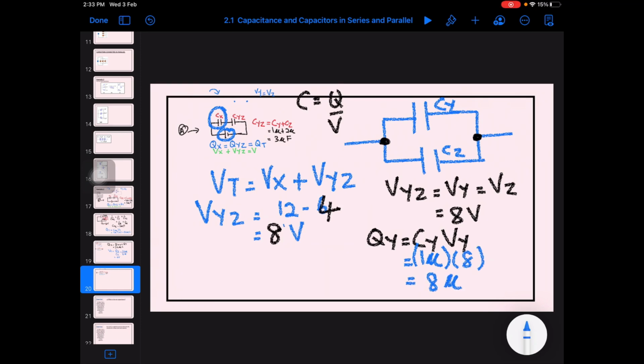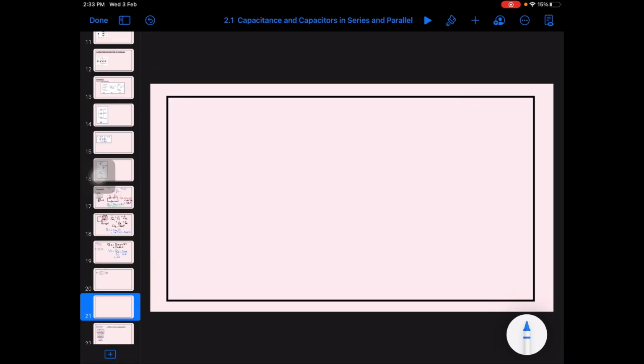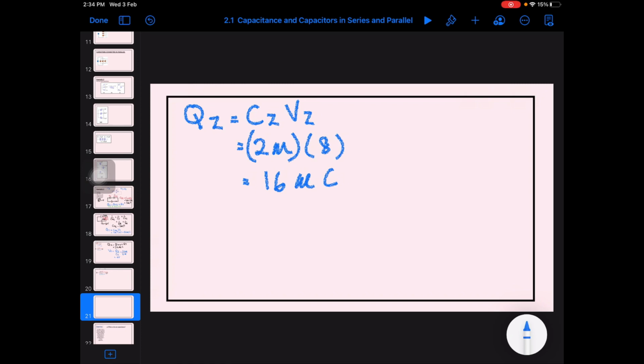So QY is 8 microcoulomb. So Q for Z is equals to Q equals to CV, CZ, VZ. 2 micro times to V is 8. So it is 16 microcoulomb.